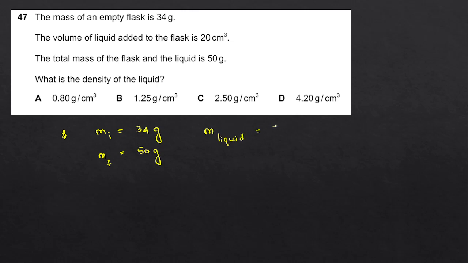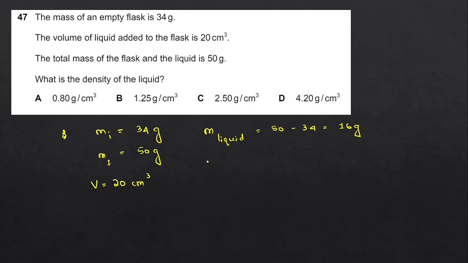So this will be equal to 50 minus 34, which is 16 grams. So 16 gram is the mass of the liquid and we have taken 20 cm cube of liquid. So volume is given to us, volume is 20 cm cube.